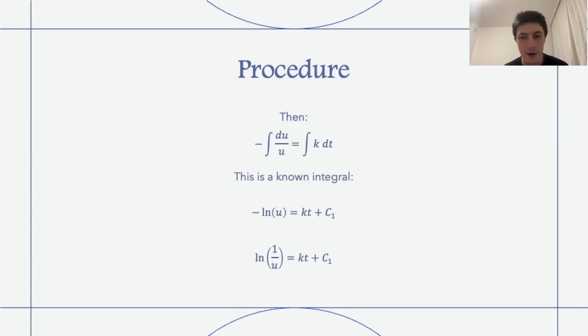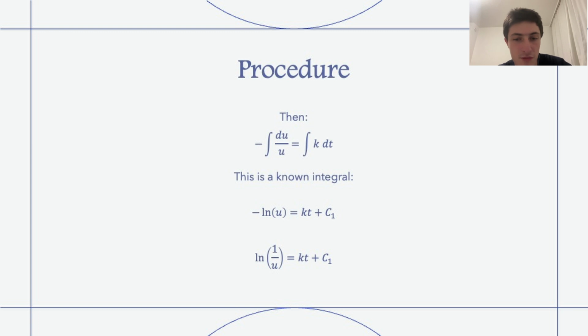And then we solve the integral, which is a known integral, and this is the logarithm as a result. So you will get negative log of u equals kt plus a constant, which we will call c1, which is a constant of integration.